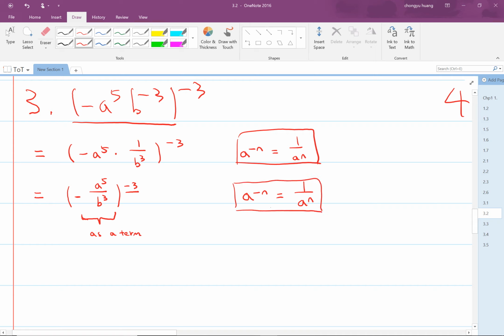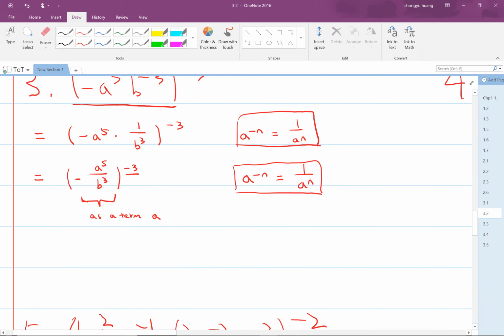So we see the thing in the bracket, which is negative a to the power 5 over b to the power 3, as a term, like a, right? And so we have a negative exponent, because we have negative n, so a to the power negative n. Here it is negative 3, right? So you have to do something like that.